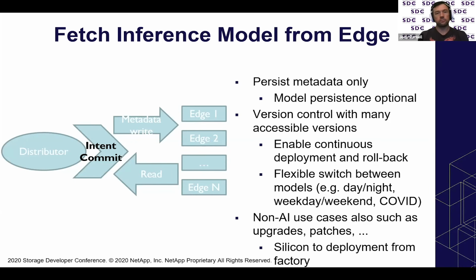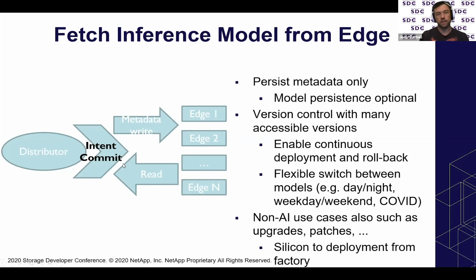So what I'm proposing here is a fetch model where your edge device is going to fetch the inference model from the distributor node. What we have here on the left is the distributor, and instead of just writing out the data, it's writing out an intent to write the data.